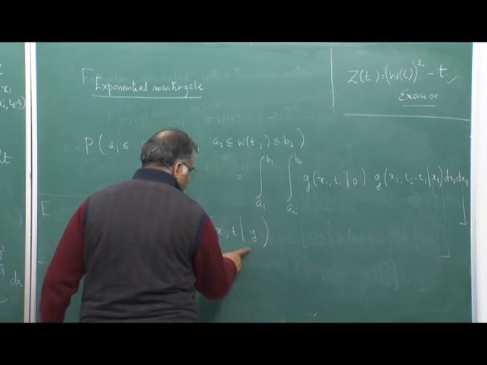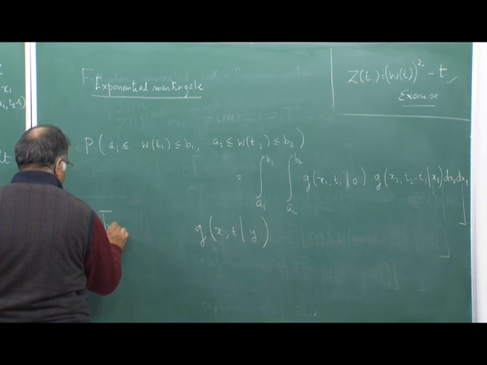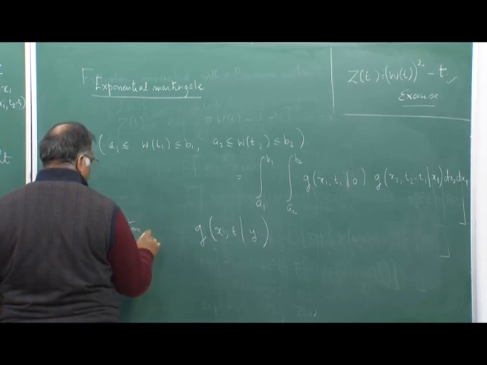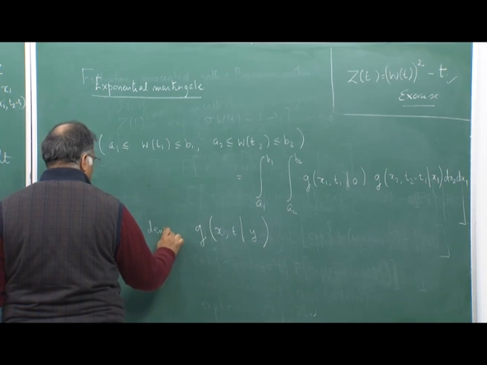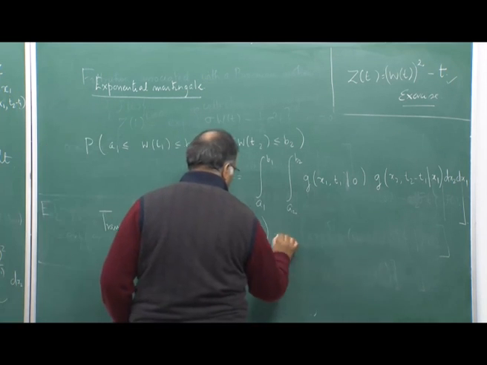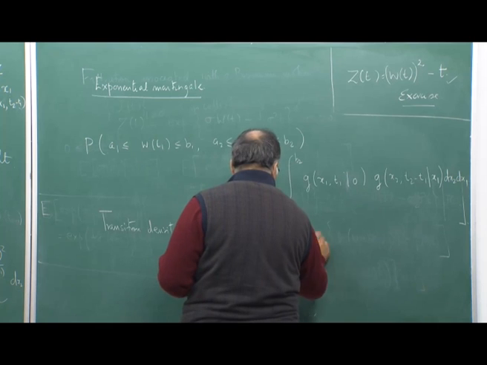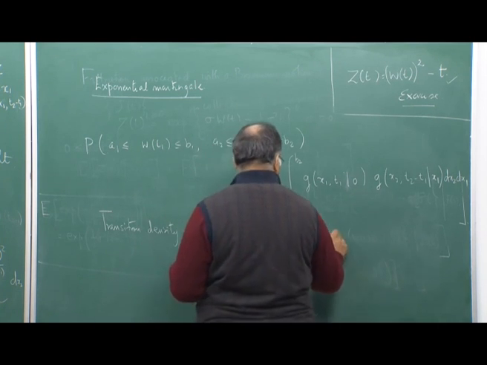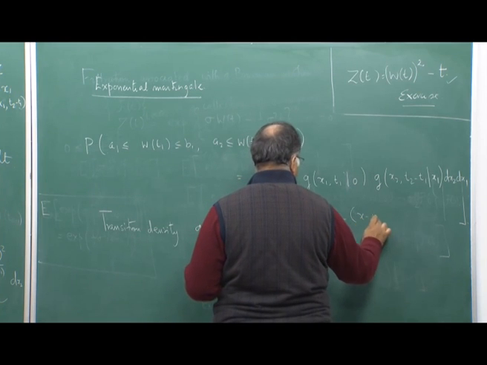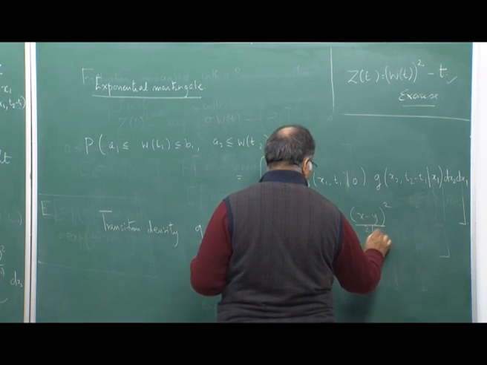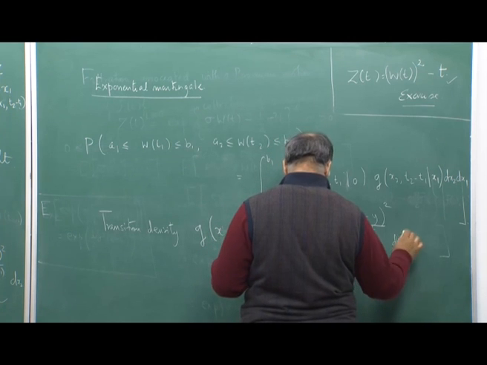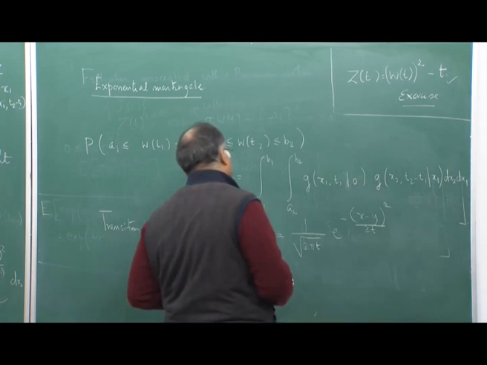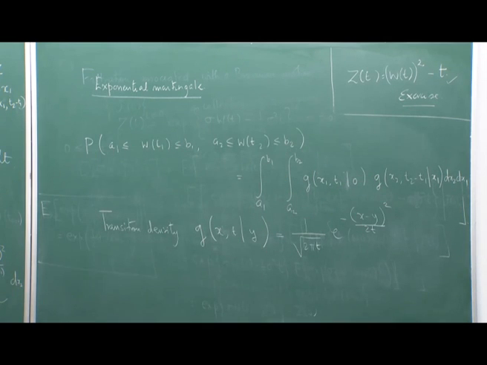So, this is called the transition density function, and that is given as 1 by root 2 pi t e to the power minus (x minus y) whole square by 2t. So, this is my conditional density function.